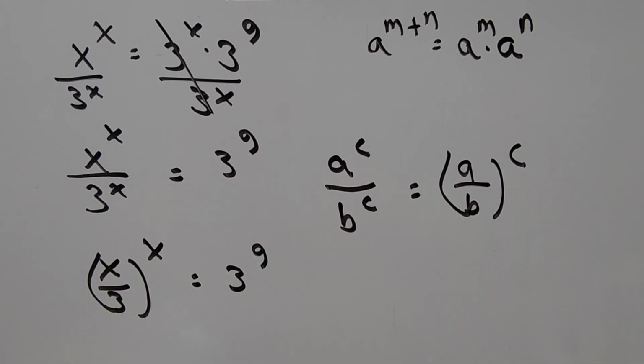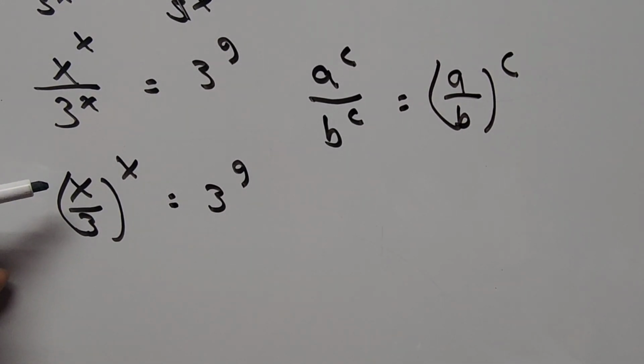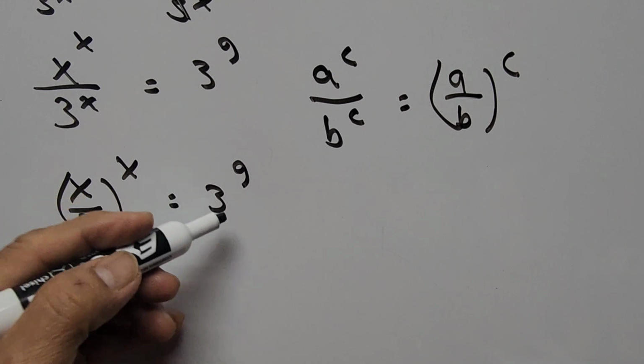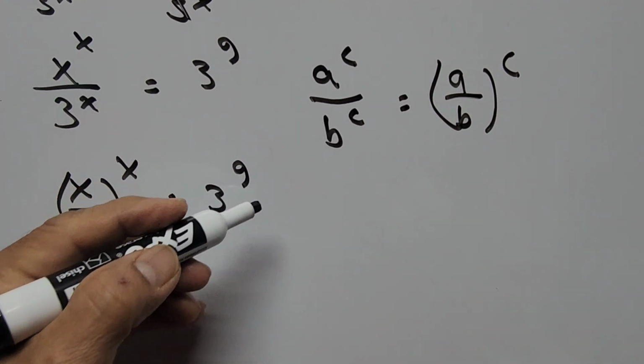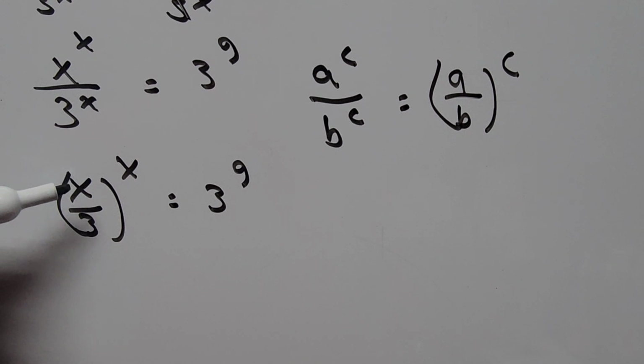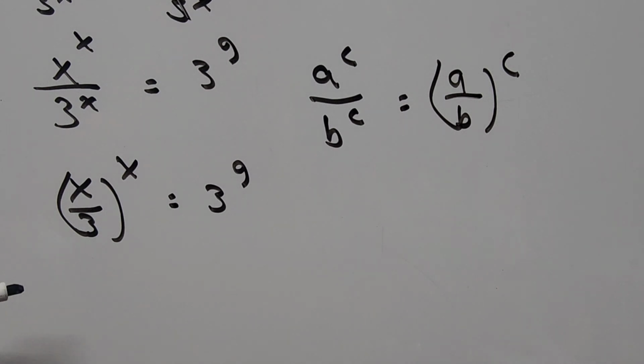It is equal to 3 to the power of 9. Did you notice anything on the left and the right-hand side of the equation? The base here is x over 3, the exponent is x. 3 is the base, 9 is the exponent. What can we do here to have an exact reflection of the base with respect to the exponent? Do we know what to do?